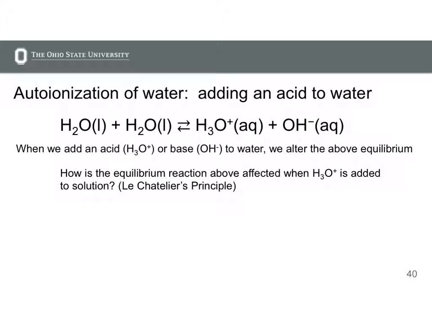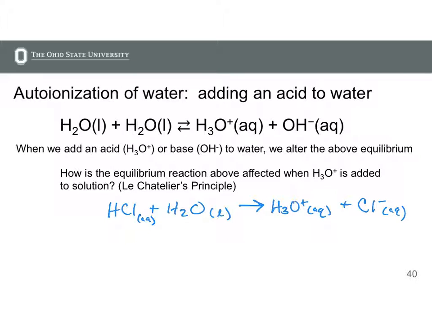So when we add, for instance, HCl to a solution, we know that HCl is a strong acid, so it completely ionizes, completely deprotonates to form H3O plus and Cl minus. I don't necessarily want to worry about this equation, but I want you to see that addition of a strong acid or even weak acid is going to add H3O plus, or H plus, to the solution.